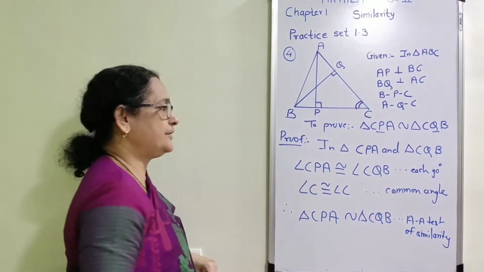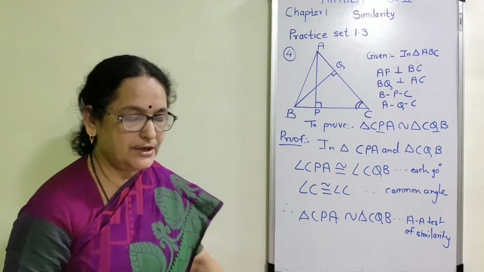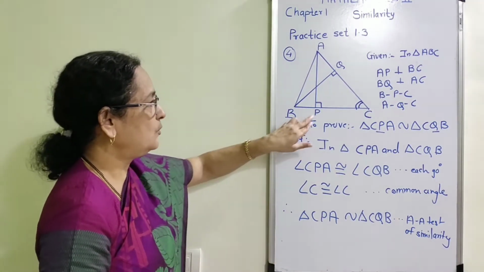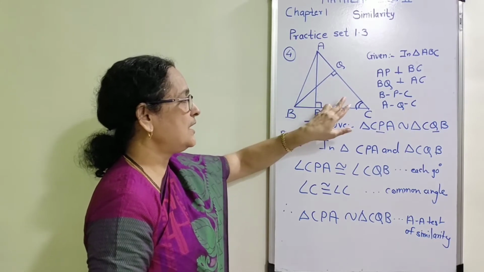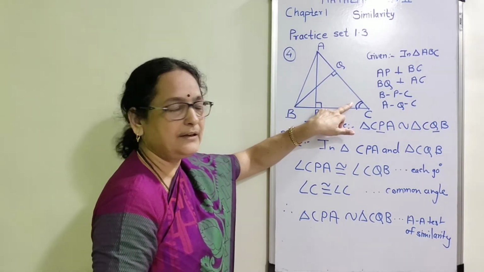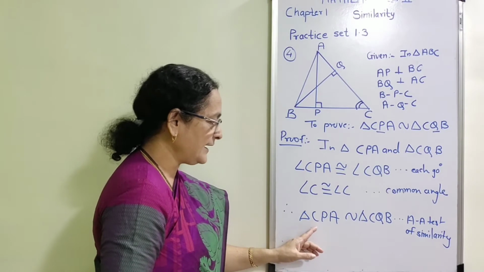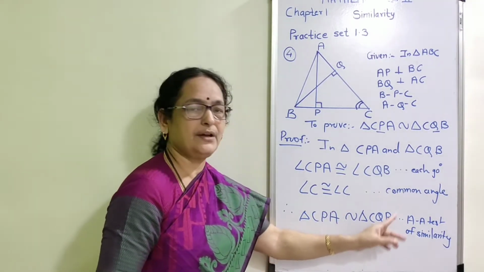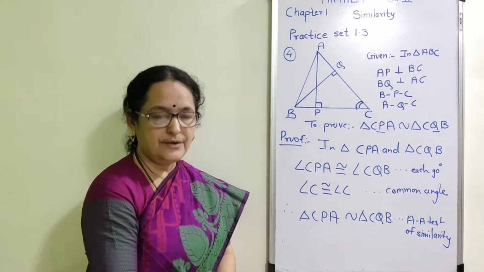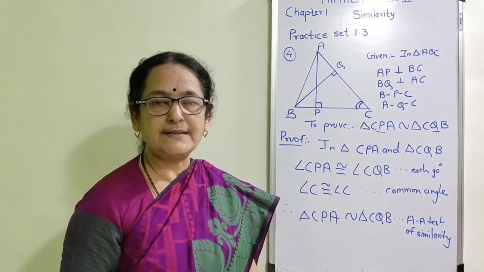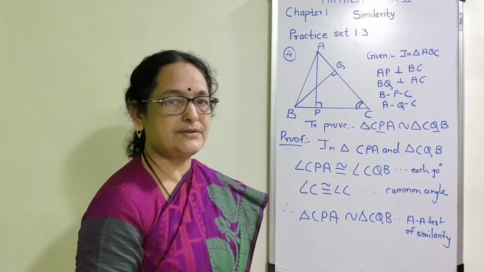Only two important steps are there. Here in this example, one pair of angles is already given congruent to each other. Only find out the common angle, and therefore the given triangles are similar to each other by AA test of similarity. Here we have completed our fourth example from practice set 1.3.